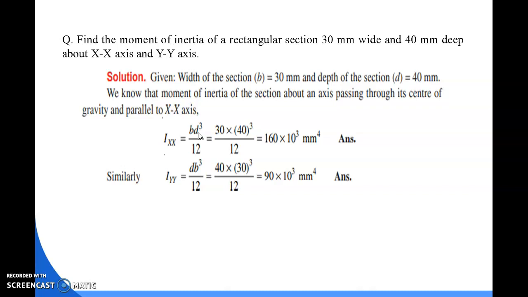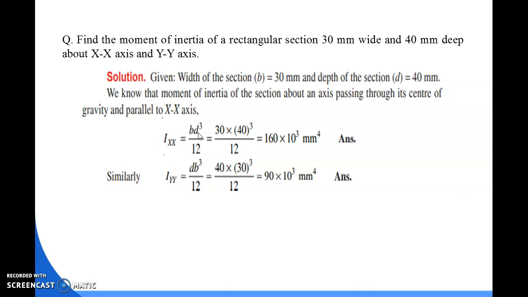So here is a problem. The numerical is to find out the moment of inertia of the rectangular section having the dimension of 30 mm wide and 40 mm deep.